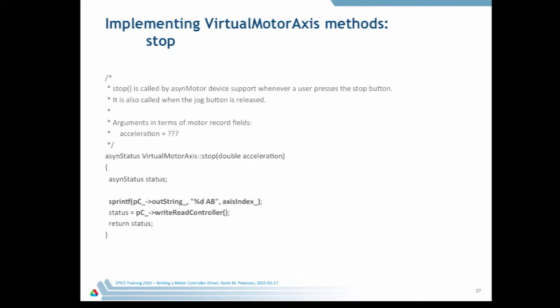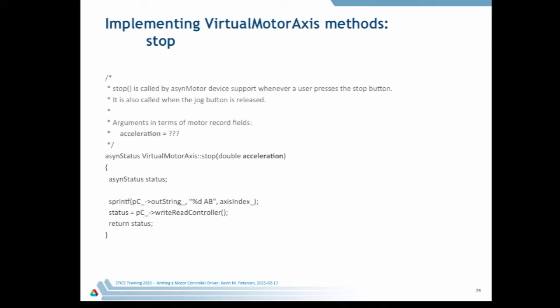In almost every method, you'll create a string and write it to a buffer in the controller's private member area, and that will be written to the controller by calling either a write controller method or a write read method. For the virtual motor controller, I purposefully made it respond every single time you send it a command, so all of the calls in these examples will say write read. But if your controller doesn't respond, which is also very common, you would call write controller instead of write read.